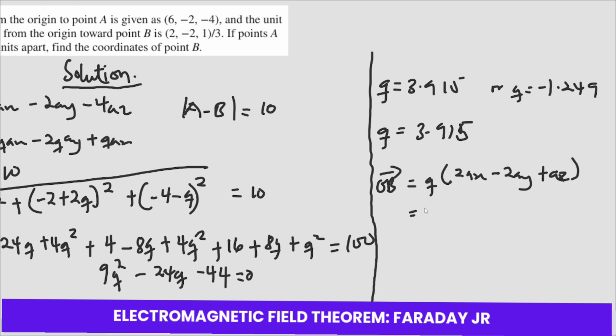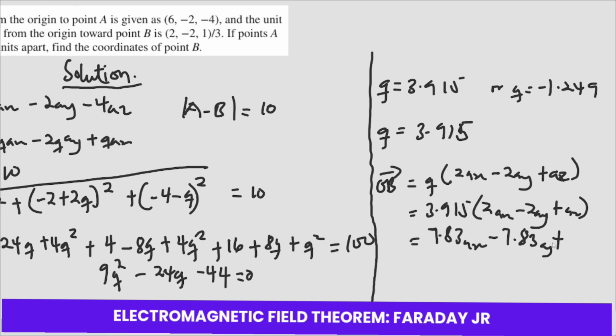If I expand, 3.915 multiplying 2ax minus 2ay plus az is going to give me approximately 7.83ax minus 7.83ay plus 3.915az approximately.